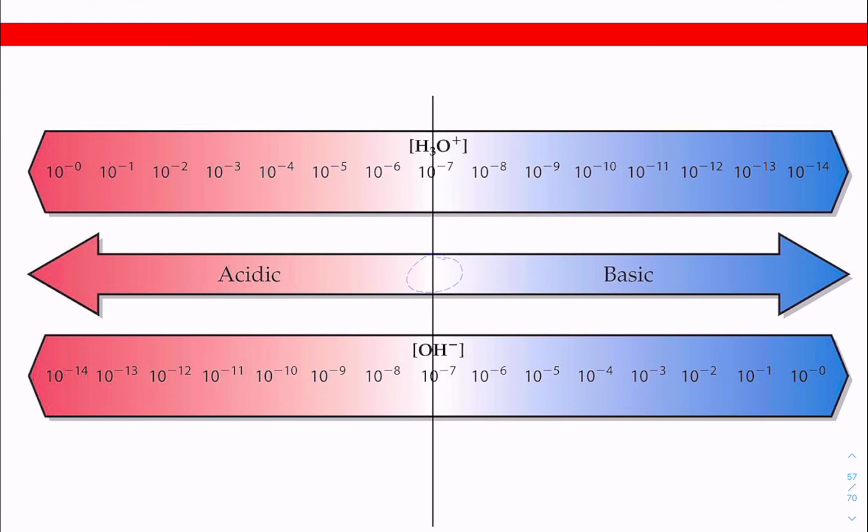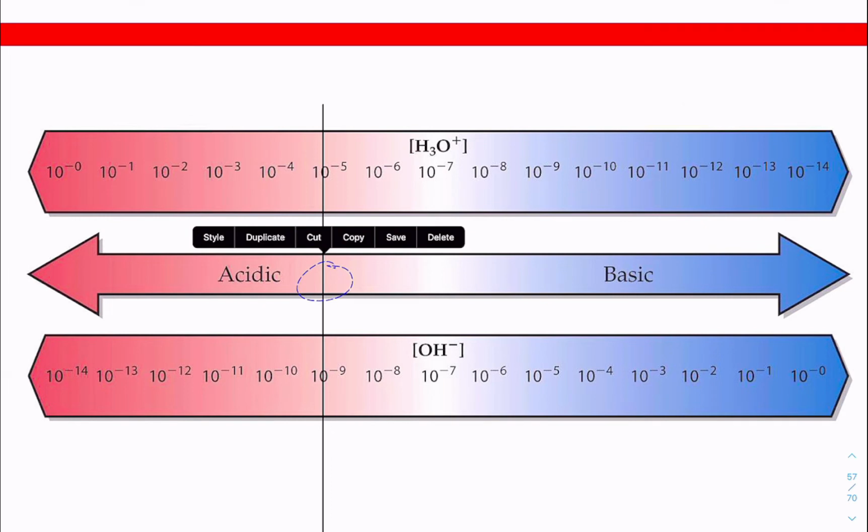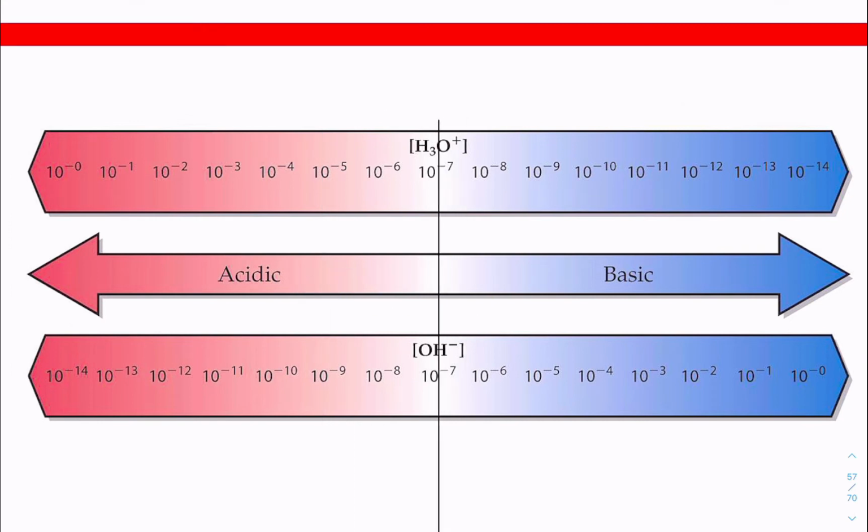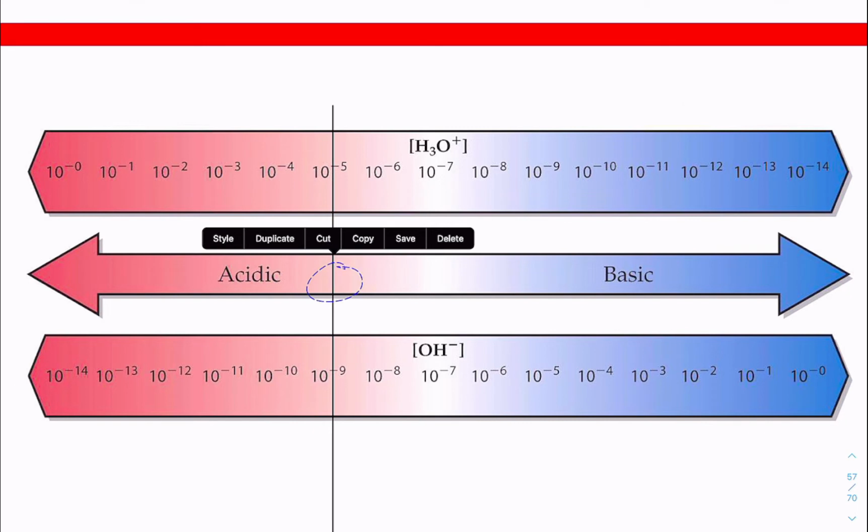So if we increase the H3O plus concentration to, let's say, 10 to the minus 5, we have to decrease our OH minus concentration by the same amount. So going from 7 and 7 down to 5 and 9, now we've got 10 to the minus 5, and then 10 to the minus 9 for our OH minus concentration.